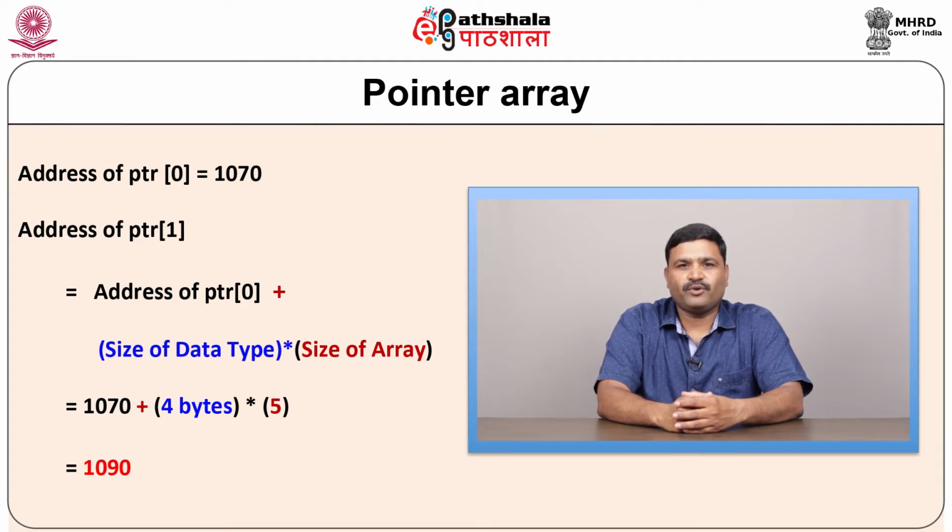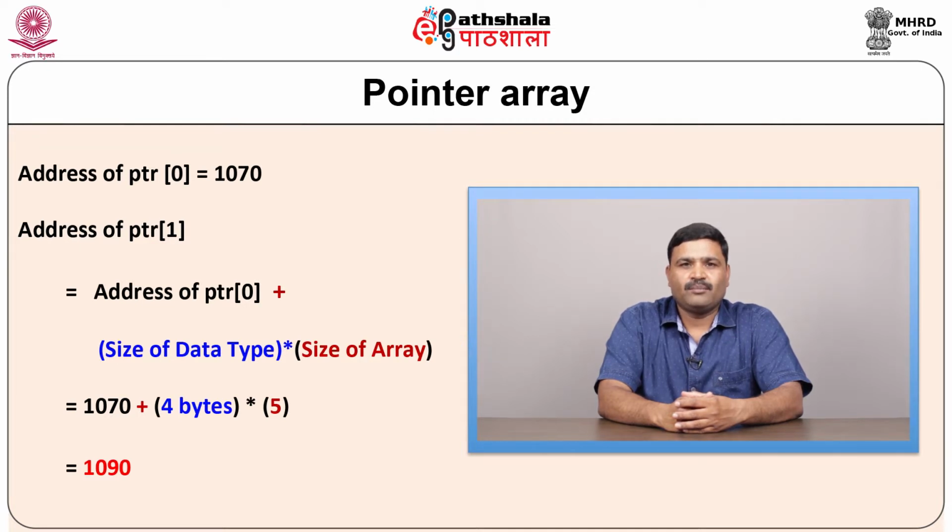The next pointer's memory address can be calculated from pointer 0, like pointer 1 equals pointer 0 plus size of data type multiplied by array size. Here we are assuming array size is 5 and data size is 4.